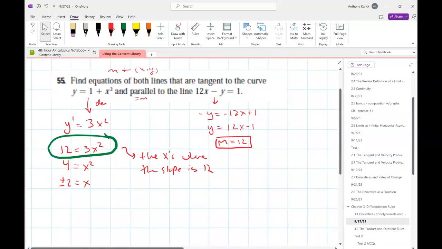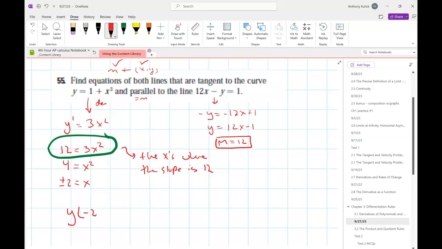All right. So now that I have this, I have the slope, and I have the x coordinate. Last thing I need is the y coordinate, and then I can write the equation for my line, correct? How am I going to get the y coordinate for those x's? Plug them into the y equals equation, yes.